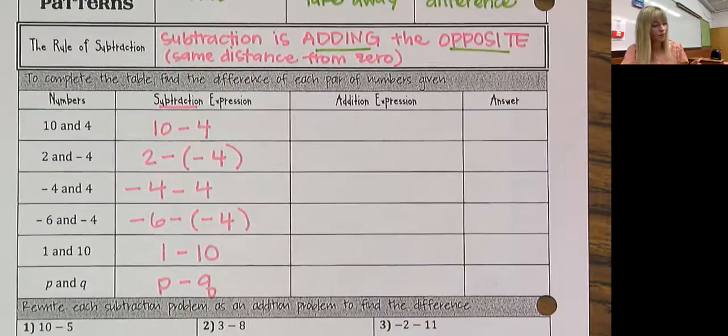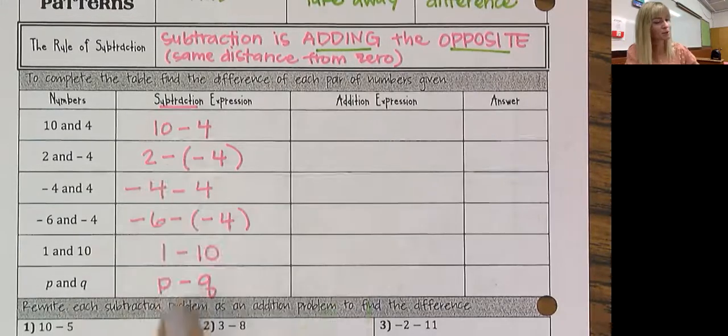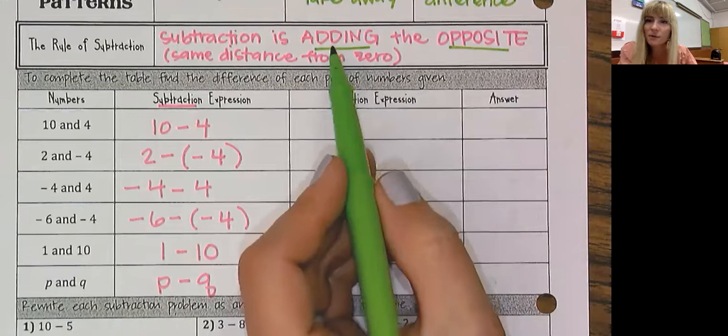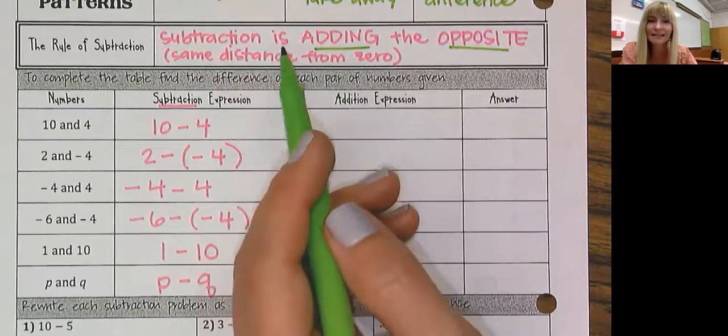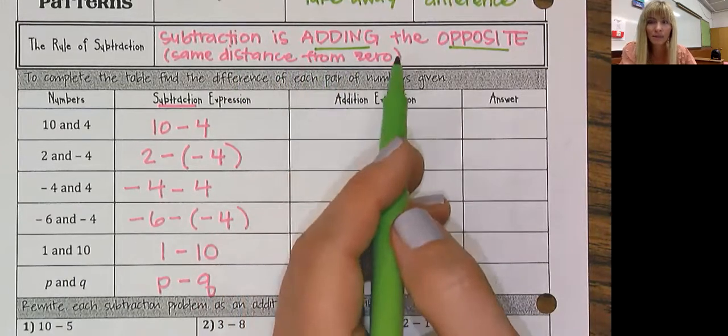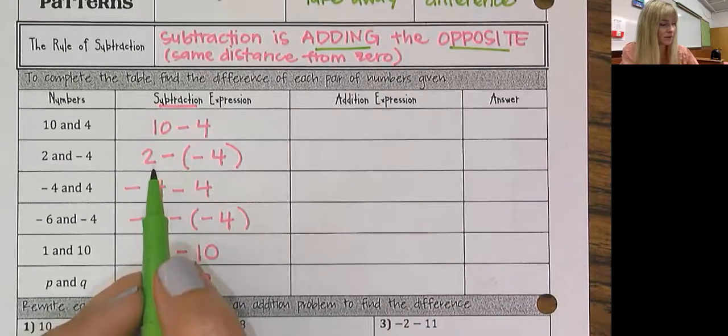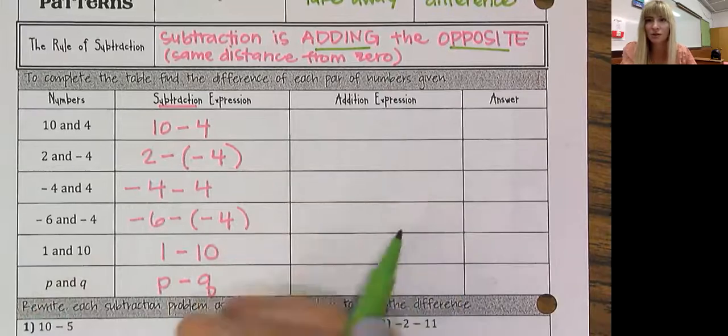Now, what we are practicing today is changing all of those expressions from a subtraction problem into an addition problem. And I'm going to use this new knowledge up here, that subtraction is adding the opposite. One very common mistake that students make is they want to try and change everything.